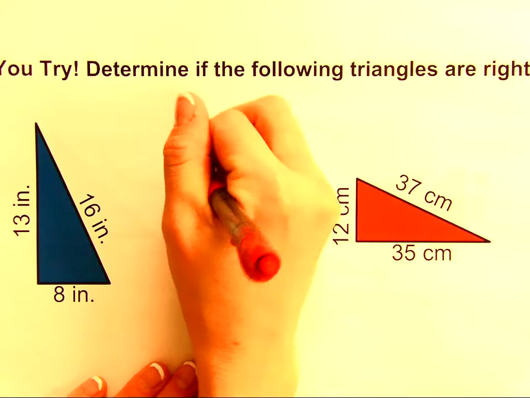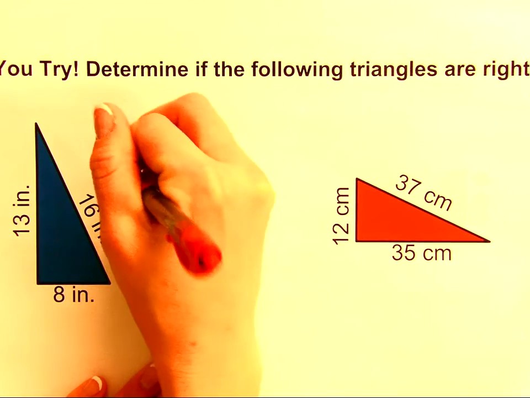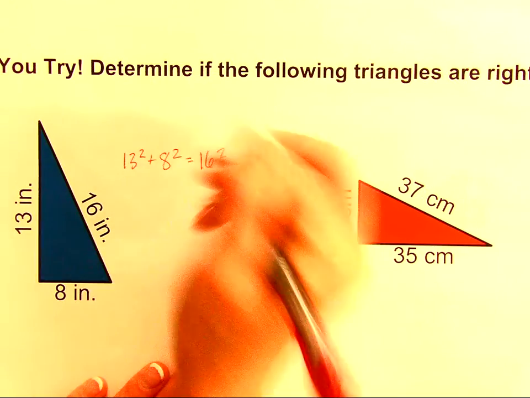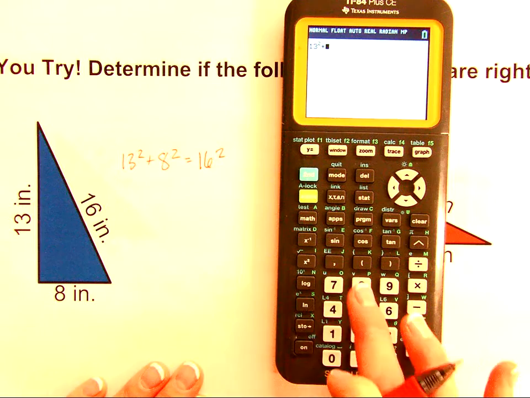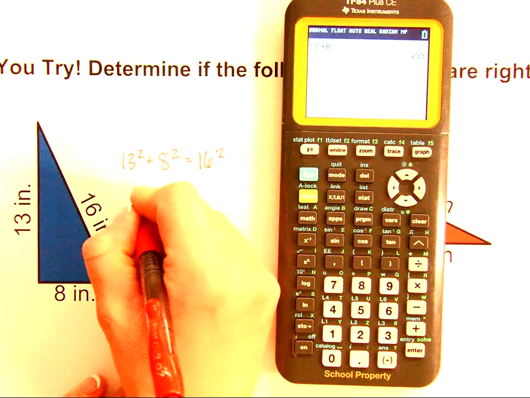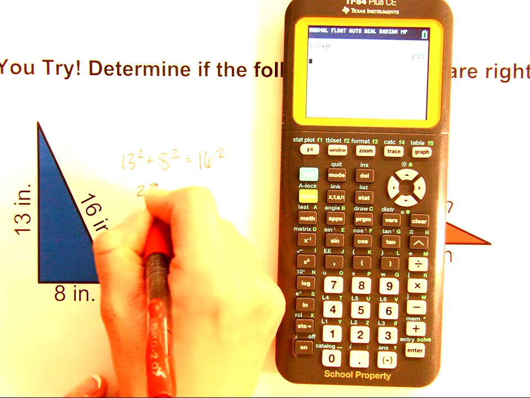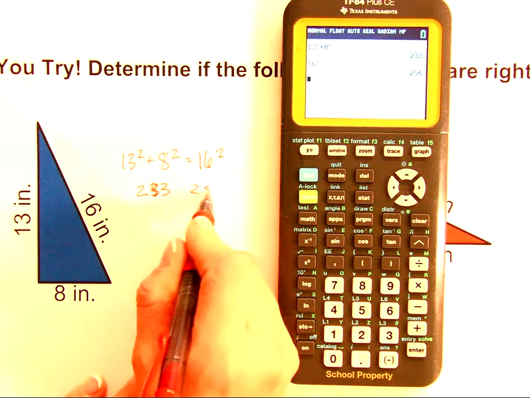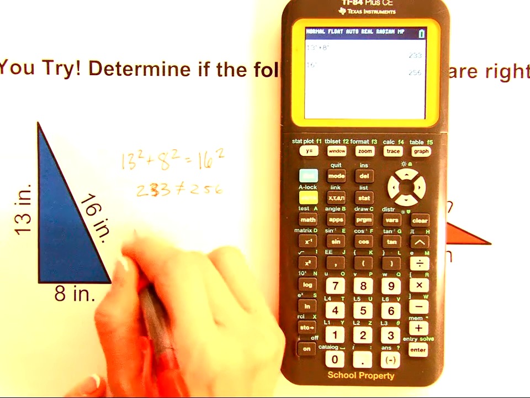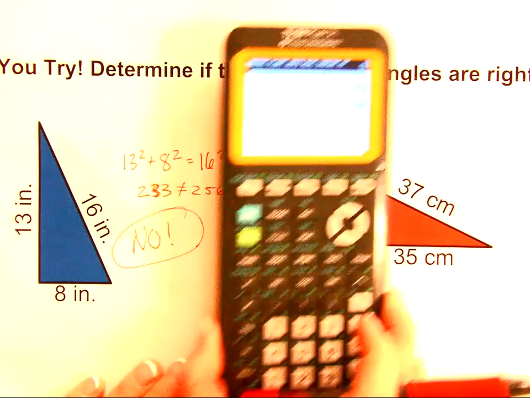So 16 is my longest side, so that's C. Bring my calculator back. 13 squared plus 8 squared is 233. 16 squared is 256. Those are not equal, so this is not a right triangle.